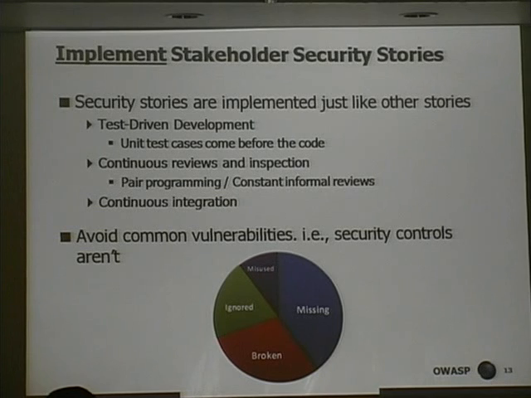So if you've got a test suite for your standard security component, or you build the test suite before you build the component, then you can avoid clearly the missing and broken part, and then just good design can help you make sure that the developers aren't ignoring it and misusing it. And of course, test cases can also verify that they're not ignoring it or using it incorrectly, because the test case should verify that the mechanism actually works.